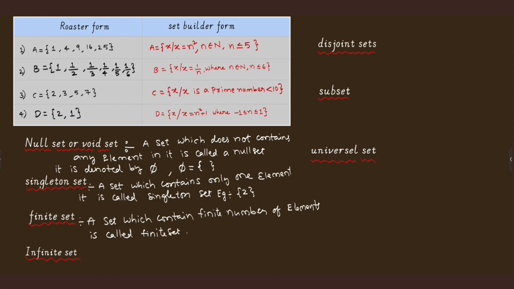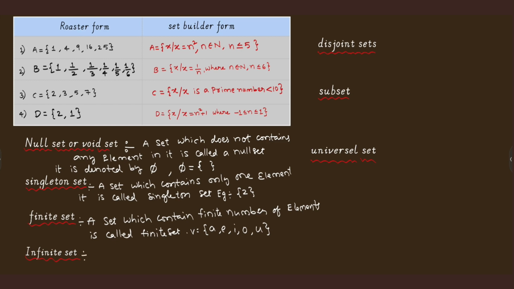For example, we have seen just now the set of vowels in the English alphabet, in that only 5 are there. So we can take that as an example. We can write V is equal to {A, E, I, O, U}, which is a finite set, because there are only a finite number of elements.